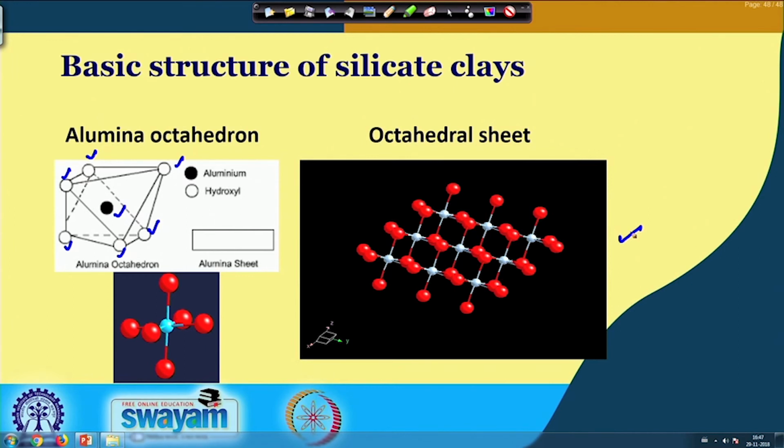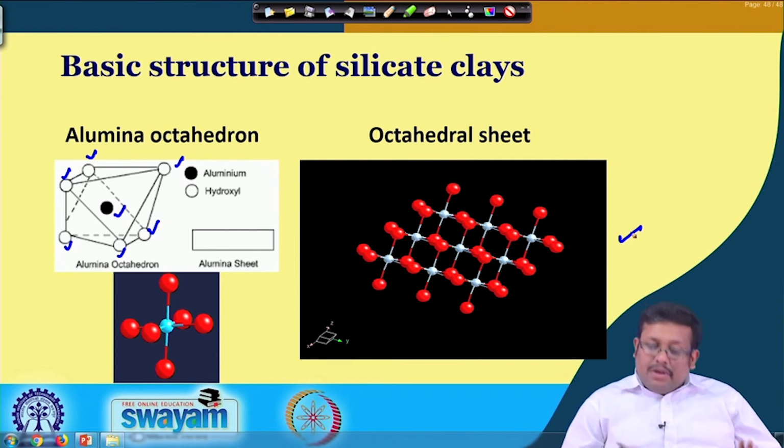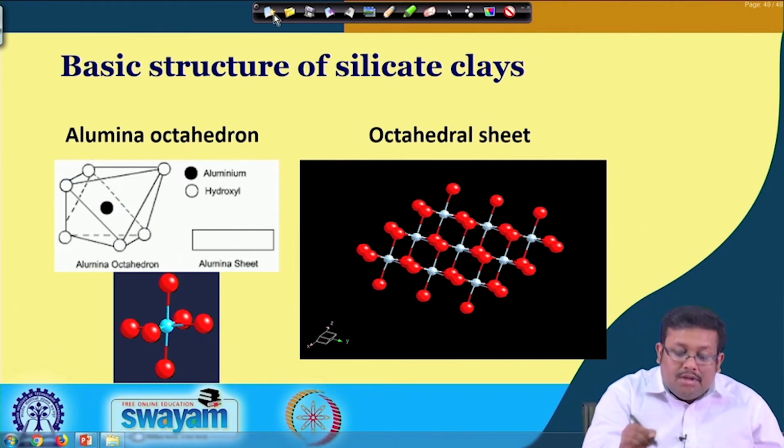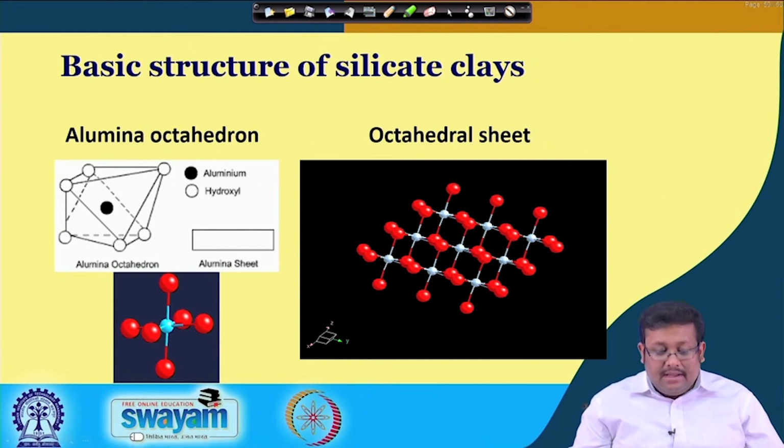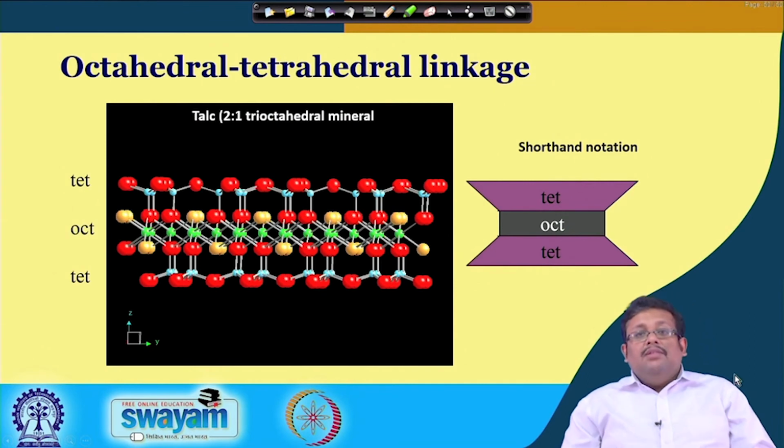Based on the arrangement of these tetrahedral and octahedral sheets in a unit cell, there are different classes of silicate clays, and we will discuss that later on. Let us go ahead and see how the tetrahedral and octahedral sheets link.